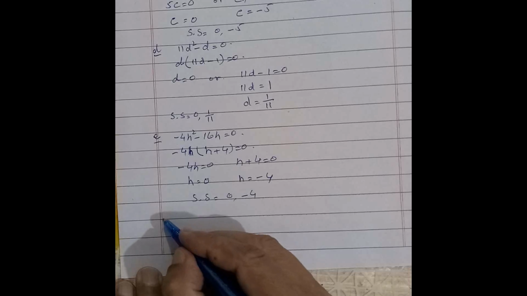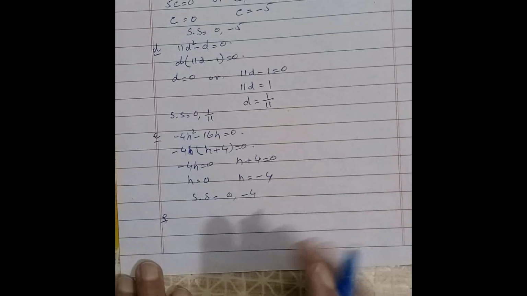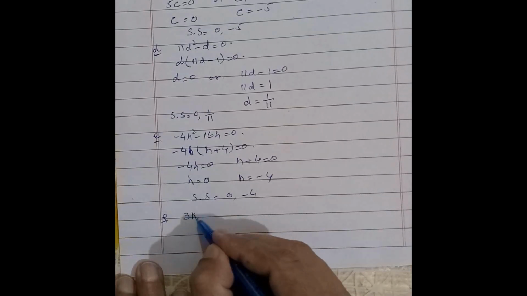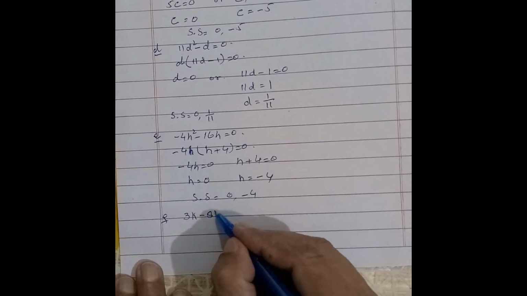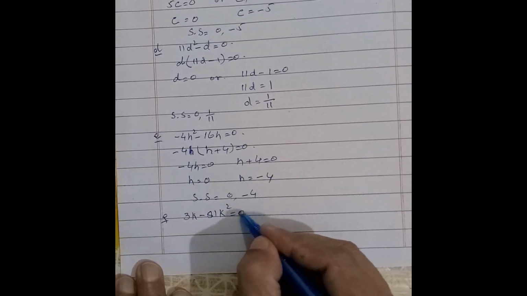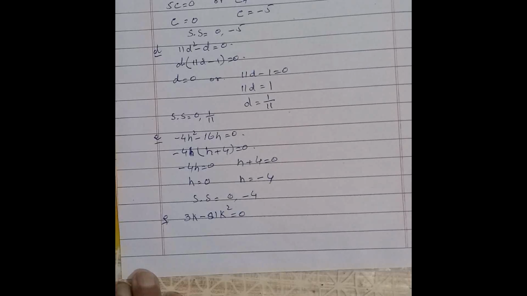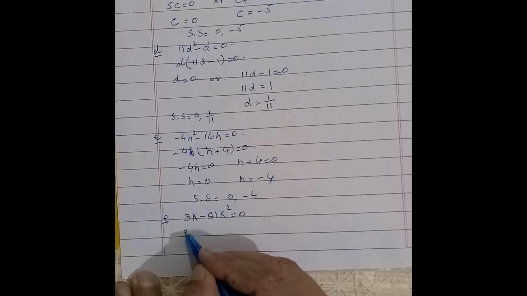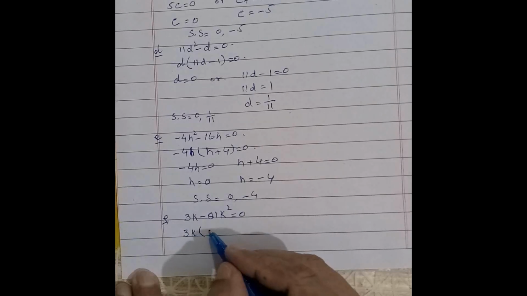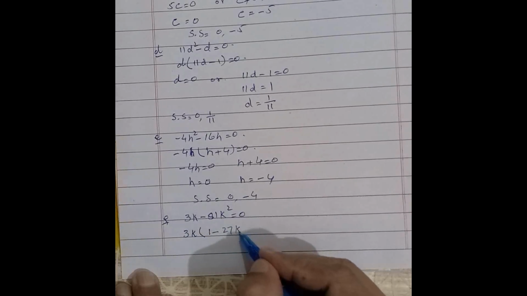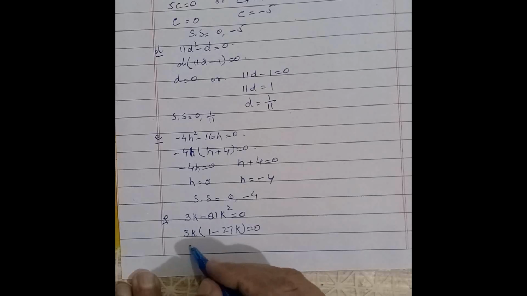The next is F part, in which we have 3k minus 81k square is equal to 0. In this question, we take common 3k. 3k into 1 minus 27k is equal to 0.